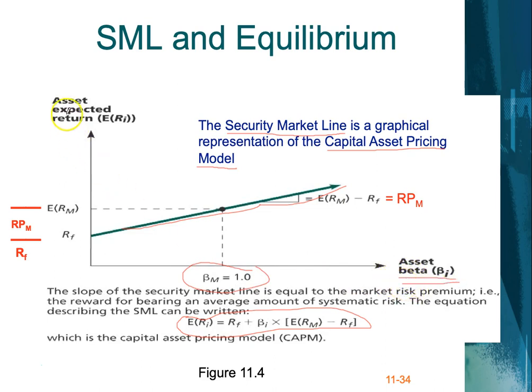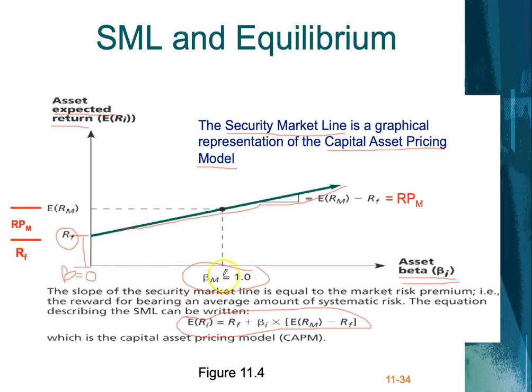And the y-axis is the expected return of an asset. So first of all, like I said in the last slide, this area right here, this amount of return here, we get for taking no risk at all. Okay, this is the risk-free element, the T-bill return, and we've got a beta of 0 right here.